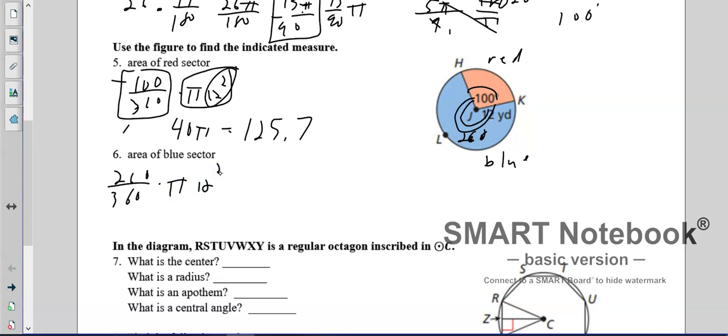So 144 times 260 divided by 360. And I end up with 104 pi, or approximately 326.7. And that would be square yards. Okay?